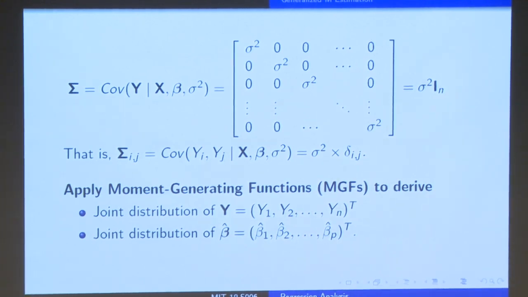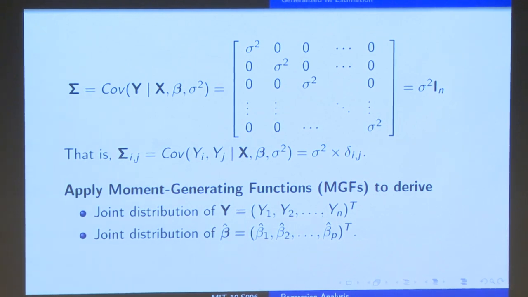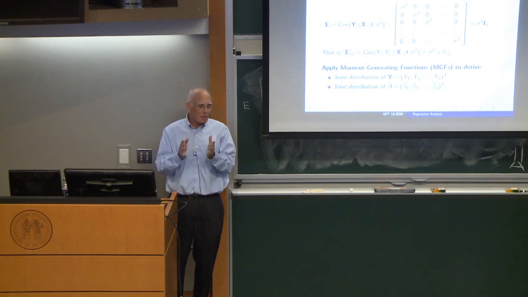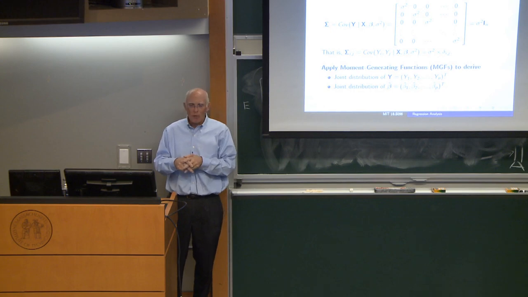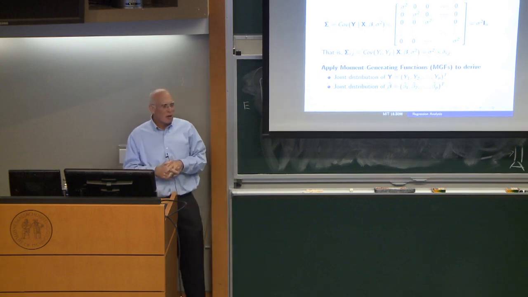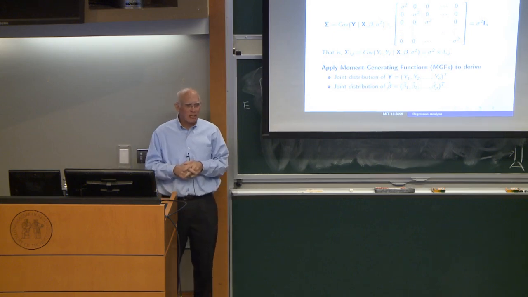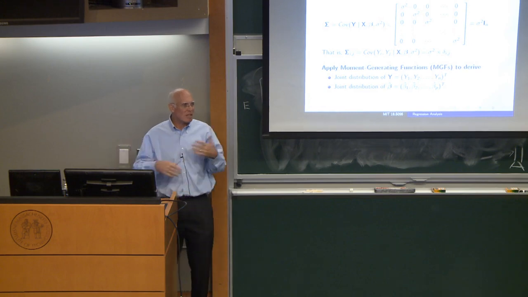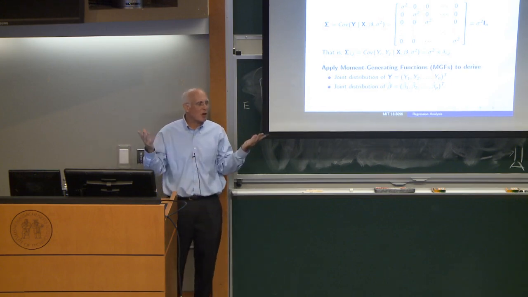Now, what we want to do is, under the assumptions of normally distributed residuals, to solve for the distribution of the least squares estimators. We want to know what kind of distribution it has, because we want to be able to determine whether estimates are particularly large or not.